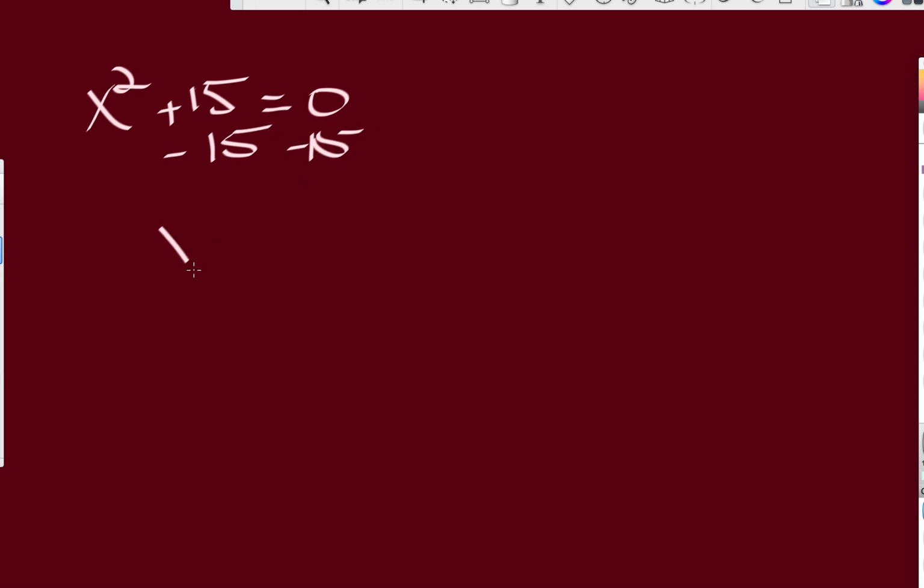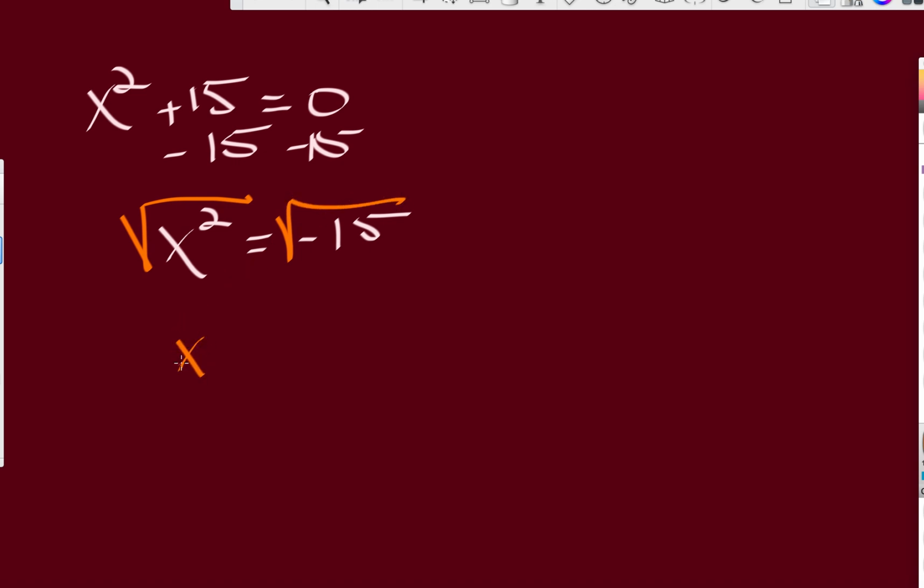If I do x squared plus, let's say, 15 equals 0, and I want to solve this for x, I'm going to subtract 15 from both sides, right? And I'm going to get x squared equals negative 15. Then I'm going to take the square root of both sides.